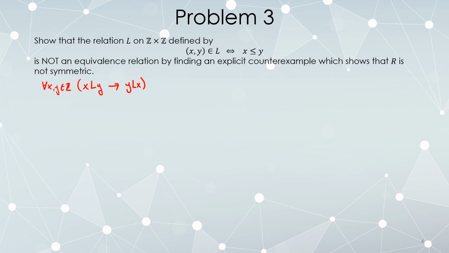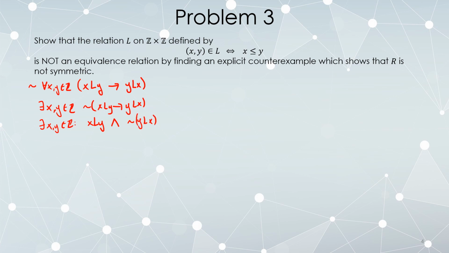And we want this to not be true. In other words, there should exist x and y in the integers so that this conditional statement fails. Well, how does a conditional statement fail? There must exist x and y in the integers such that the hypothesis is true and the conclusion is false.